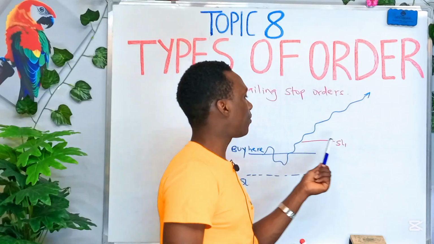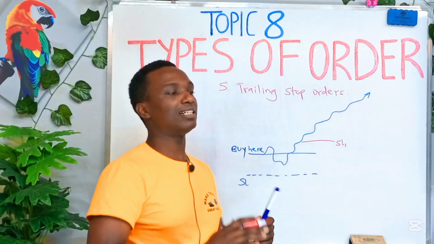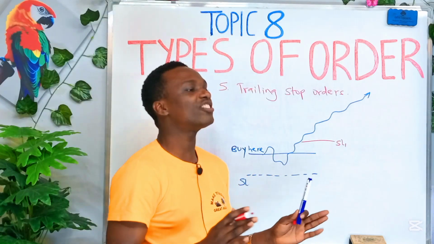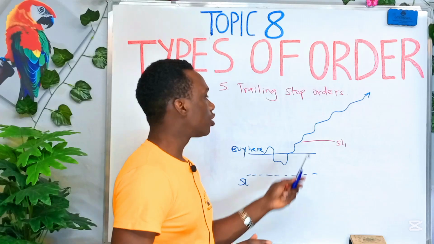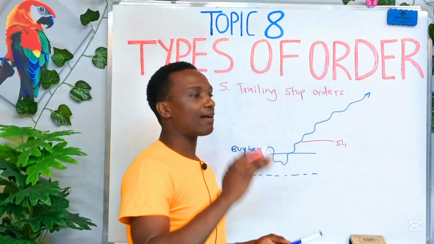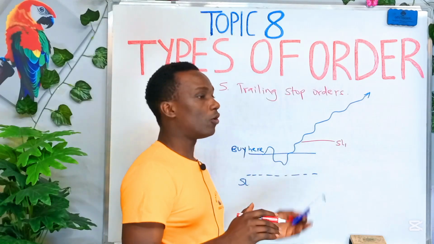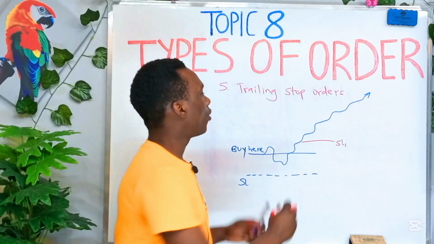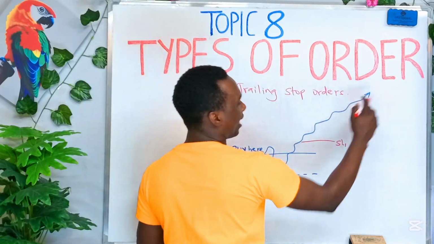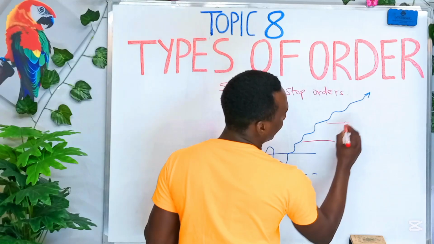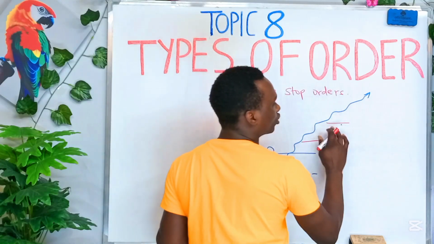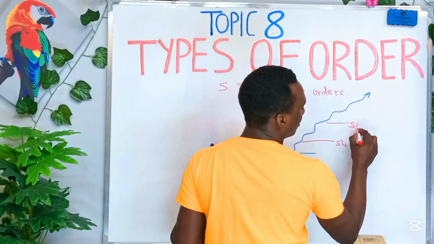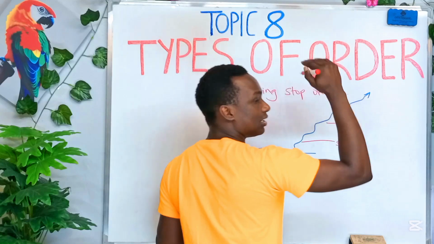Okay, this type of stop loss is used in trending markets, highly trending markets. Okay, so you put it some few pips below a higher low like this. Okay, when the market moves higher, it automatically adjusts your stop loss to the next higher low.